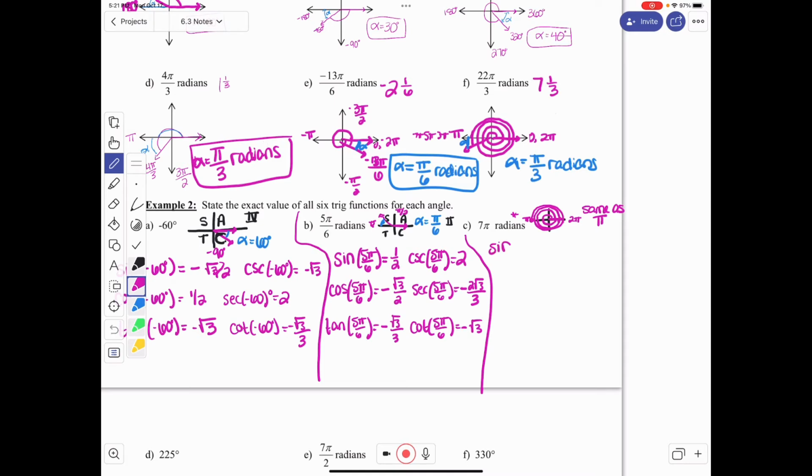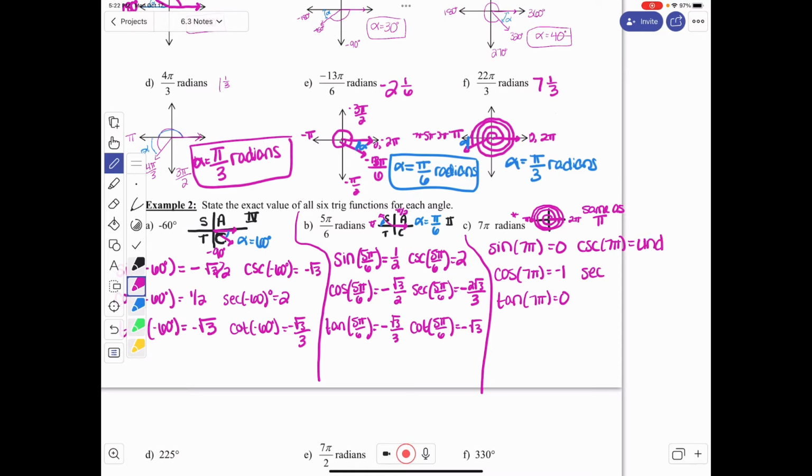So the sine of 7 pi is 0. The cosine of 7 pi is -1. The tangent of 7 pi is 0. The cosecant of 7 pi is undefined.